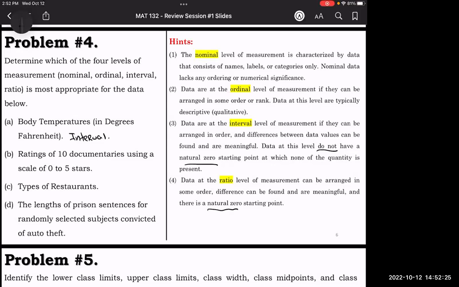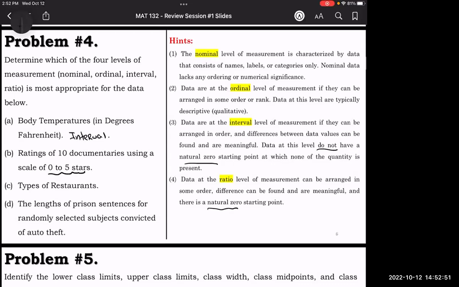If you think about it, those 0 to 5 stars are actually labels, or you can separate the documentaries by categories. That's right. Can the data be ordinal? Yes, it can. Why can it be ordinal? It's an order and rank. That's right. So for this problem, it's definitely ordinal.